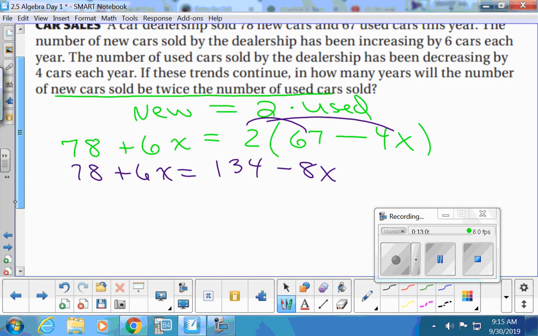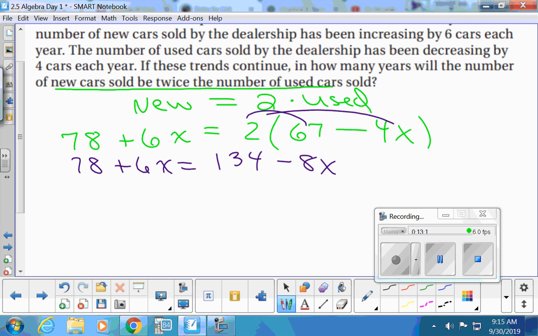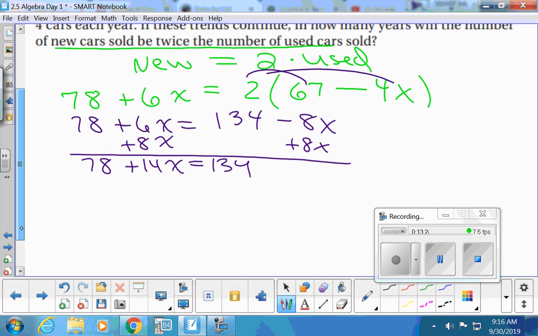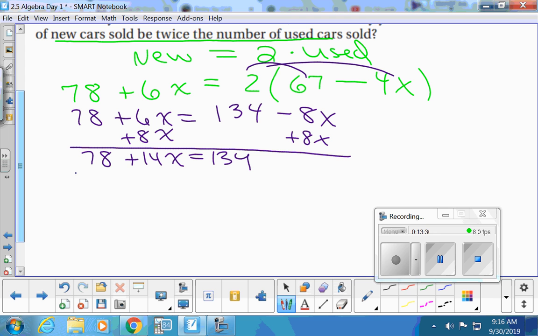All right. What would happen next? Who would we move? Jose? The -8. If it could come and join the 6, we could avoid negatives. So it's going to be 78 plus 14x equals 134. I'm running out of space. What has to happen next? Help me out with that calculation.